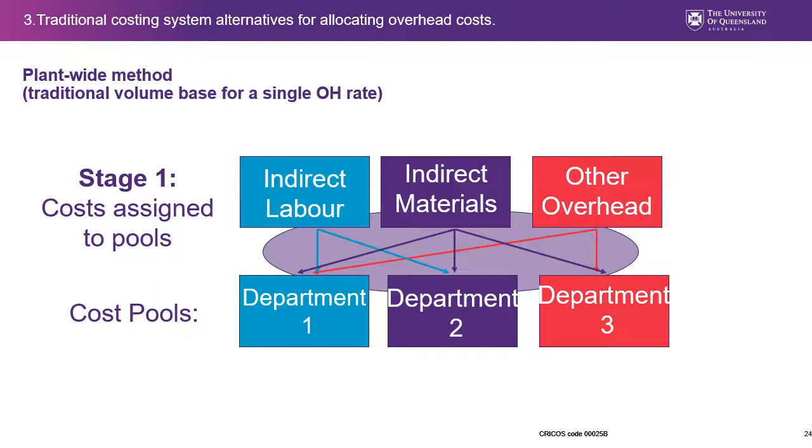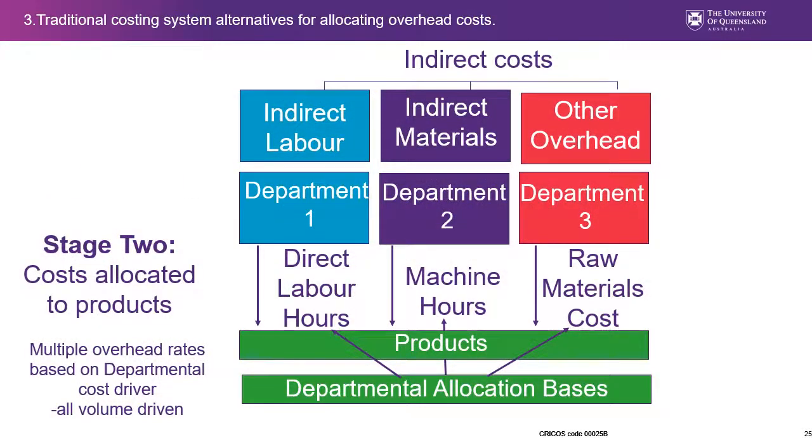So in stage 1, you're accumulating all of your overhead costs in different cost pools for each department. And in stage 2, you're going to allocate to your products using different departmental allocation rates. For department 1, it's direct labour hours. For department 2, it's machine hours. And for department 3, it's raw material costs. So this is stage 2 of using departmental cost allocation rates.